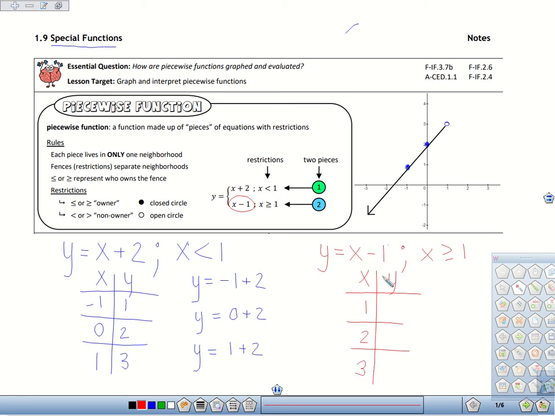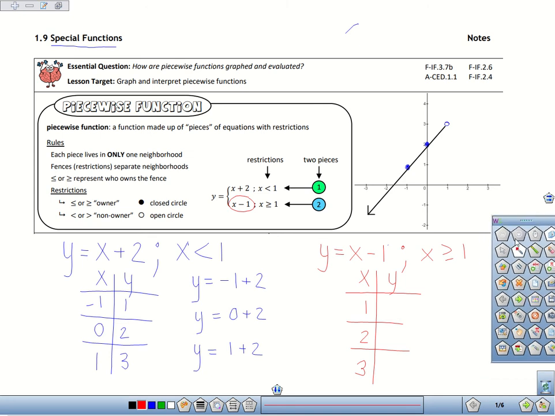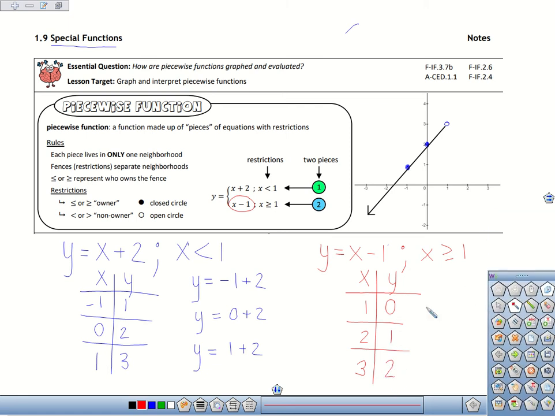And now I'm going to plug these values into my equation. So 1 minus 1 is? Good. 2 minus 1? And 3 minus 1? 2. So now I'm going to plot these. So I have 1, 0. And is 1, 0 going to be closed or open? Closed, because of the equal sign.